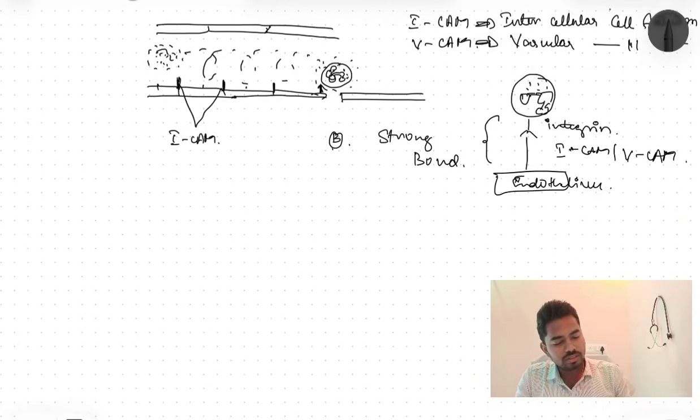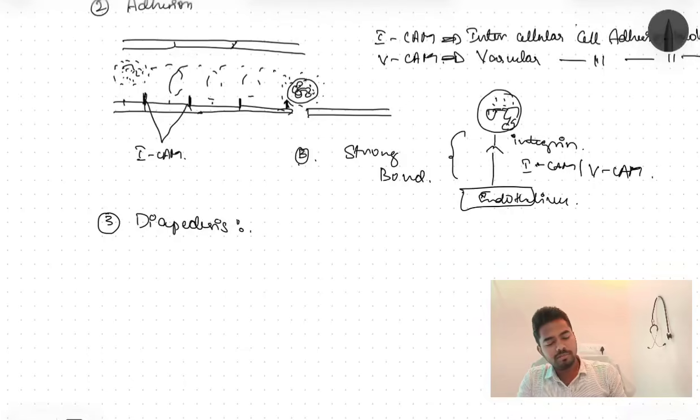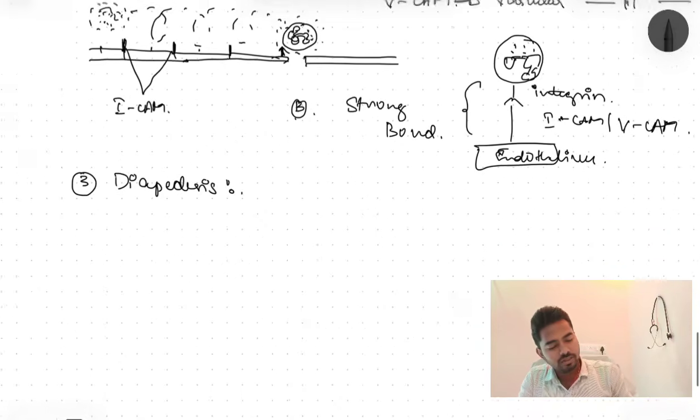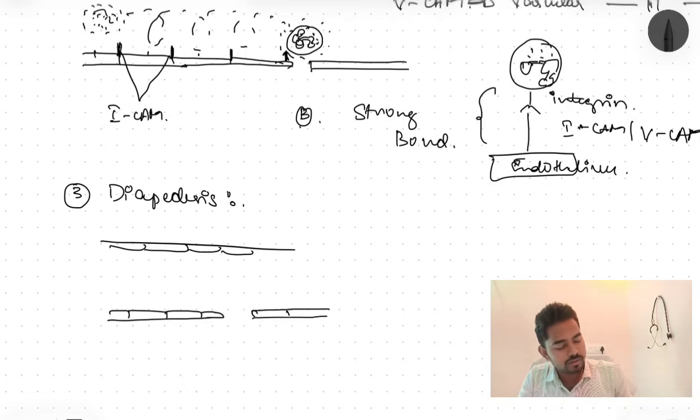the next process is diapedesis. What is this diapedesis? See, if this is endothelium and here there is a gap, the neutrophil reached here.